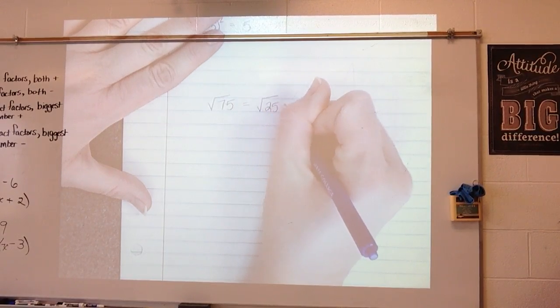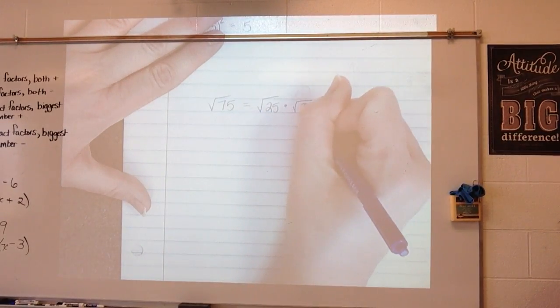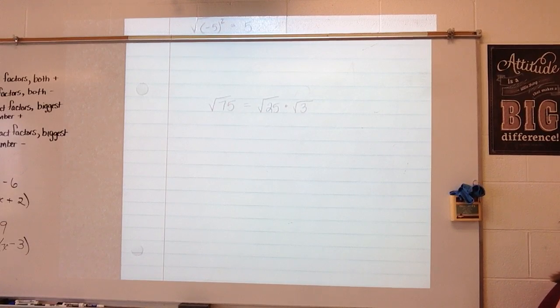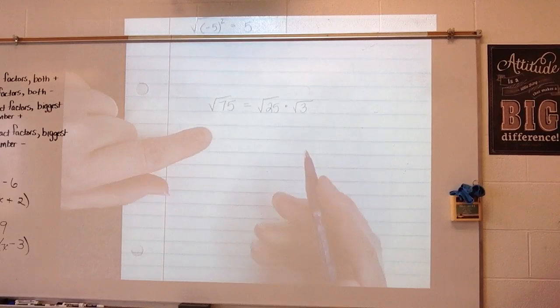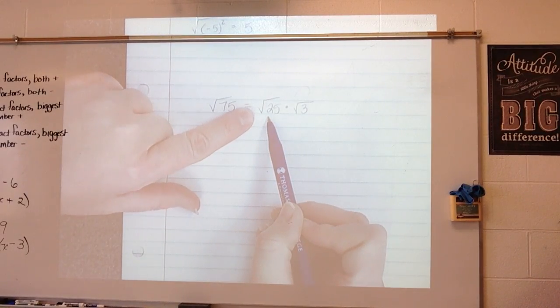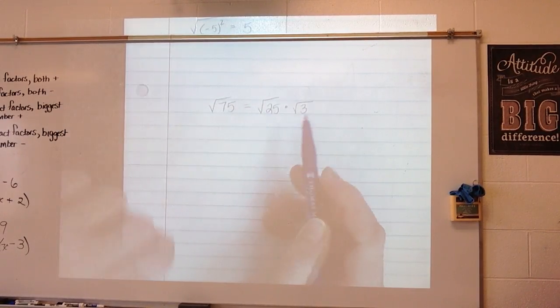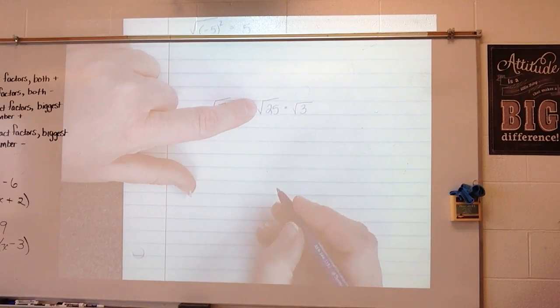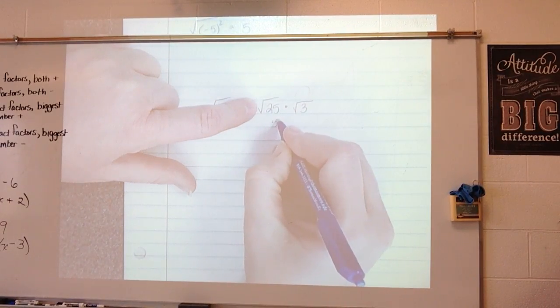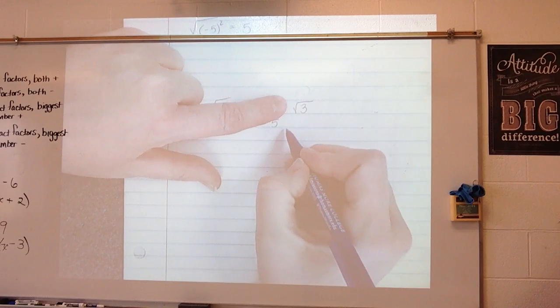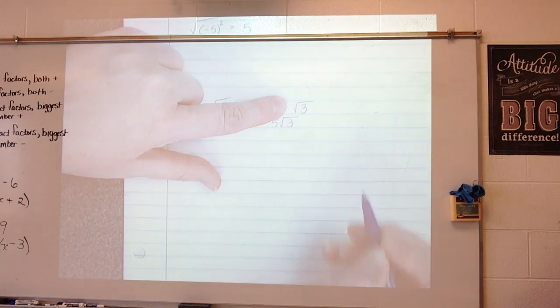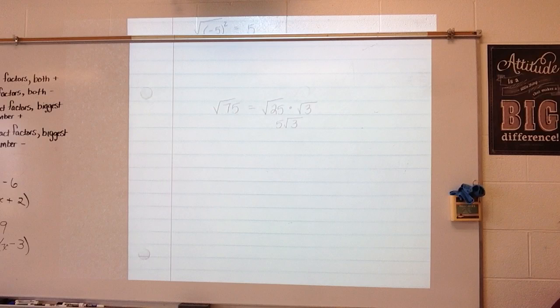So I can rewrite this as the square root of 25 times the square root of 3. 25 is a perfect square. Alright? What is the square root of 25? That is 5. 3 I cannot do a square root of, so my answer would be 5 square root of 3.